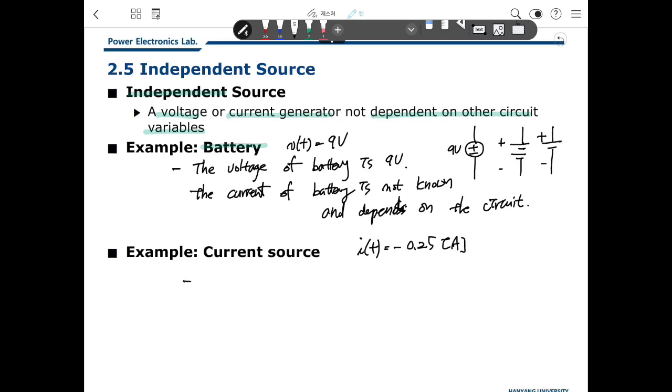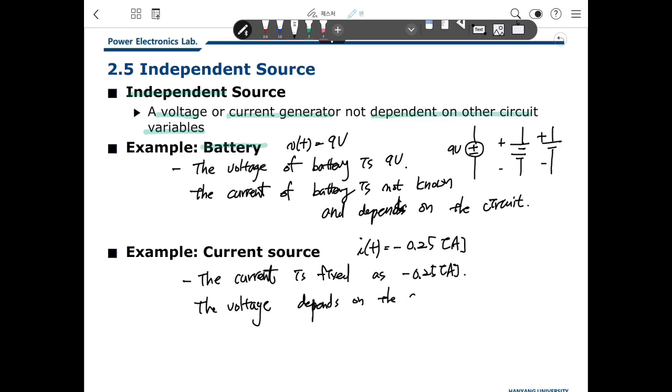That means the current is fixed at minus 0.25 amps. Then in the same way, the voltage depends on the circuit.